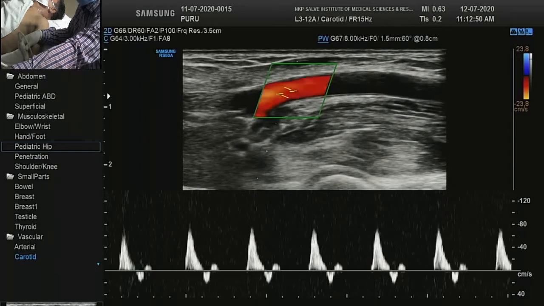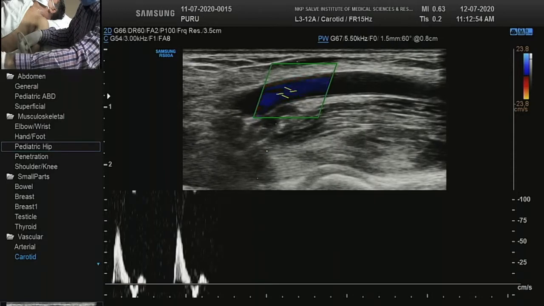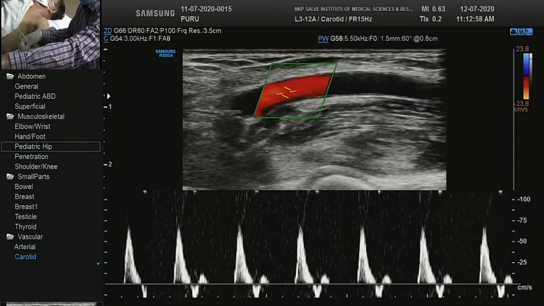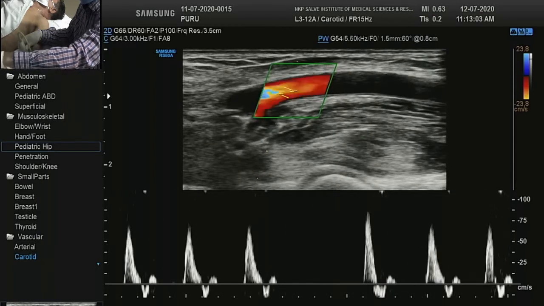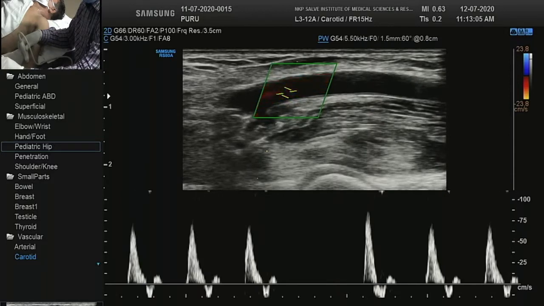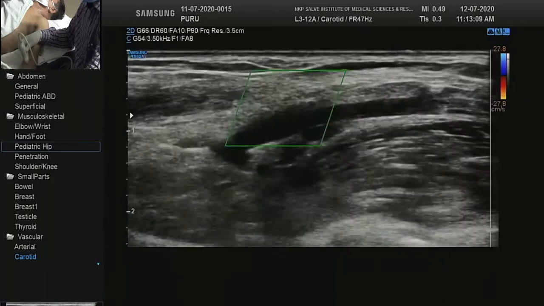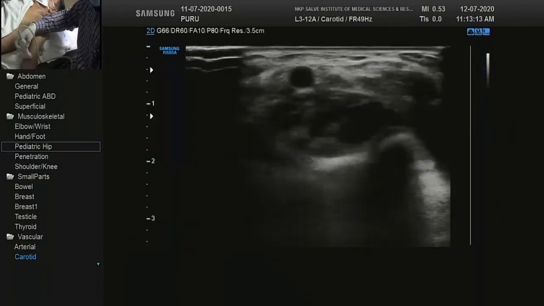And so this is the sound. I will reduce the spectral gain a little bit. Very clean spectrum. Normal. We'll move to the radial artery. Go back to transverse.